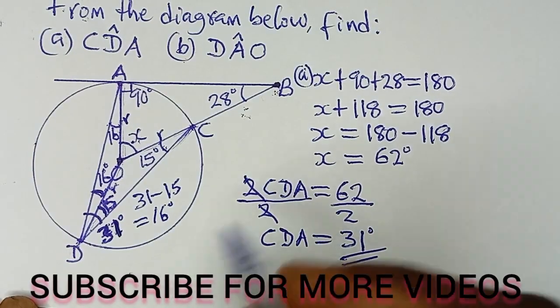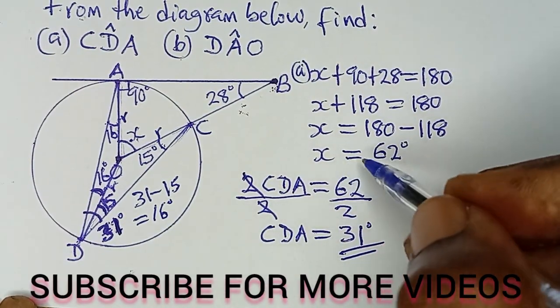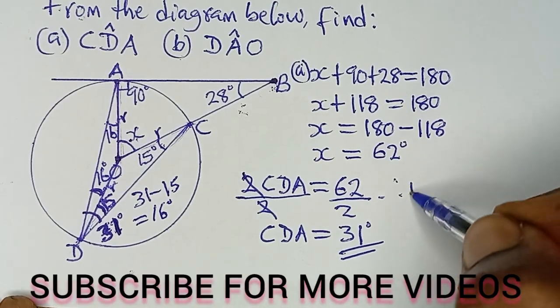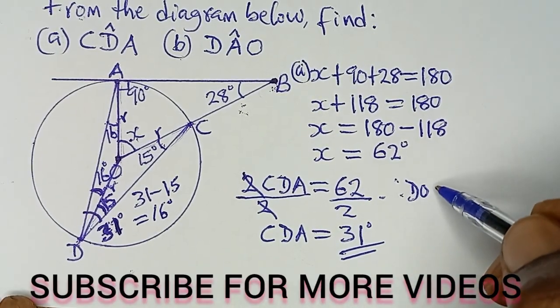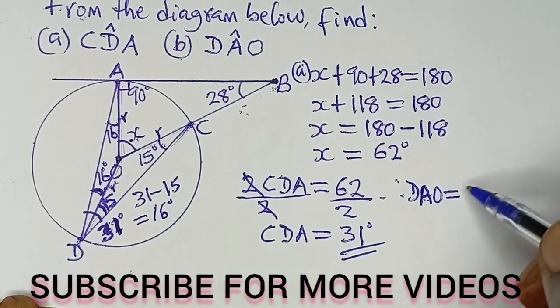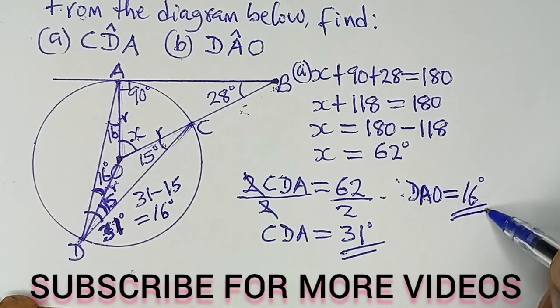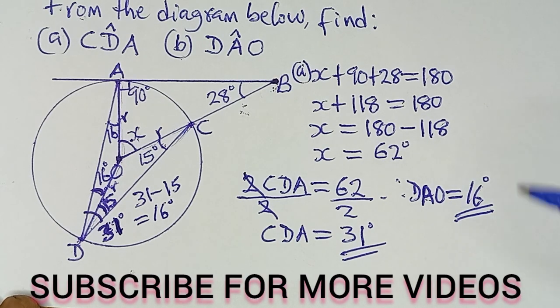So we can conclude by saying, therefore, DAO is equal to 16 degrees because they are base angles of an isosceles triangle. So that gives us the two solutions to the question.